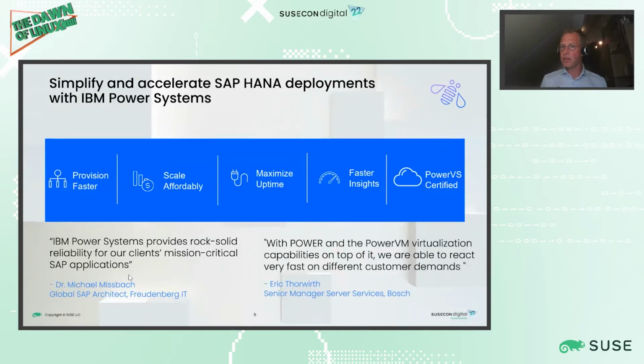Also, in this economic phase, it is important that you get fast insight on your data. What is really happening in your company? Our Power processors are able to deliver fast insight on your data. And not only the processor is fast, but the whole system built around it is fast.